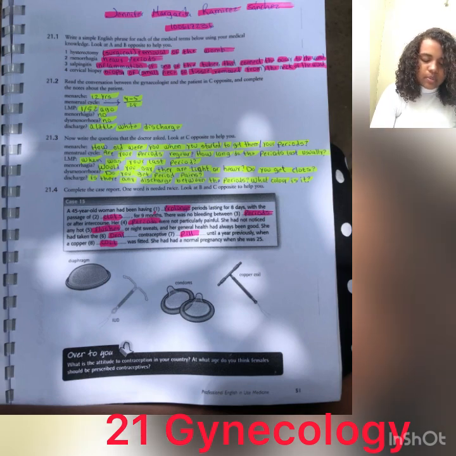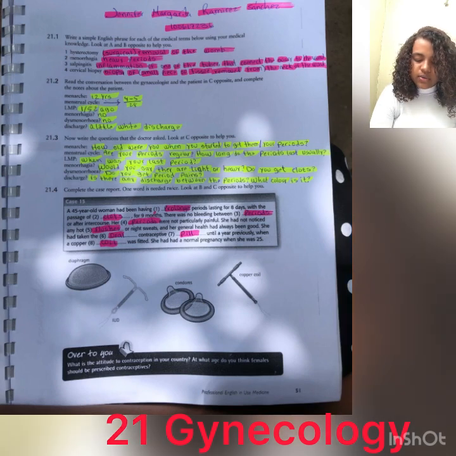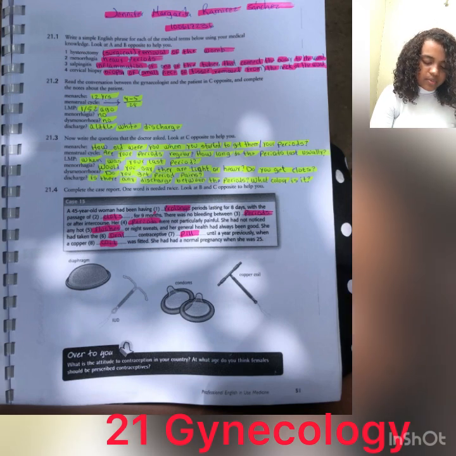21.4. Complete the case report. One word is needed in each space. Look at B and C opposite to help you.